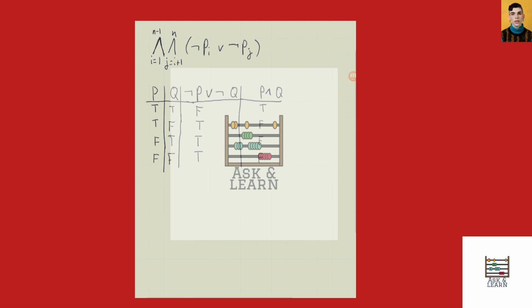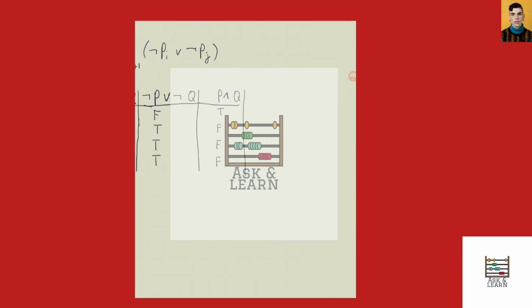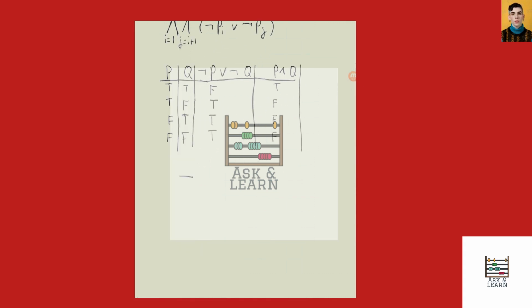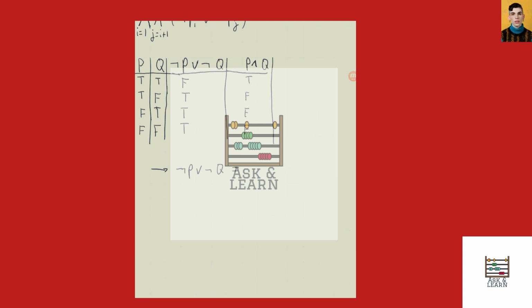If we look at the column to the left, which was false, true, true, true, we can see that the two are opposites of each other. So that would imply to us that not P or not Q is equivalent to not (P and Q).